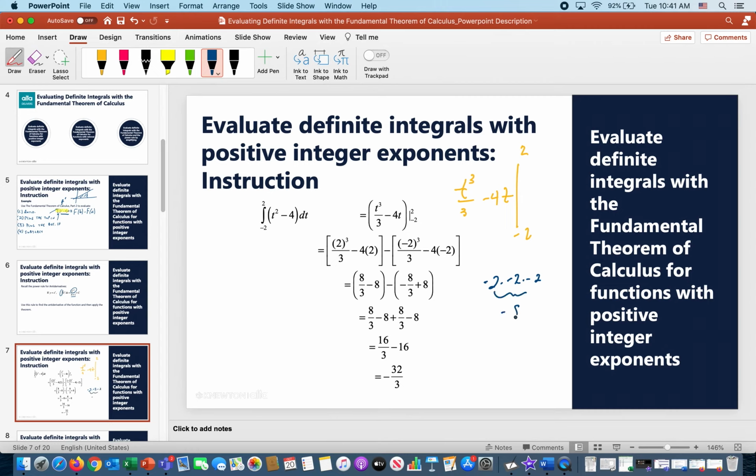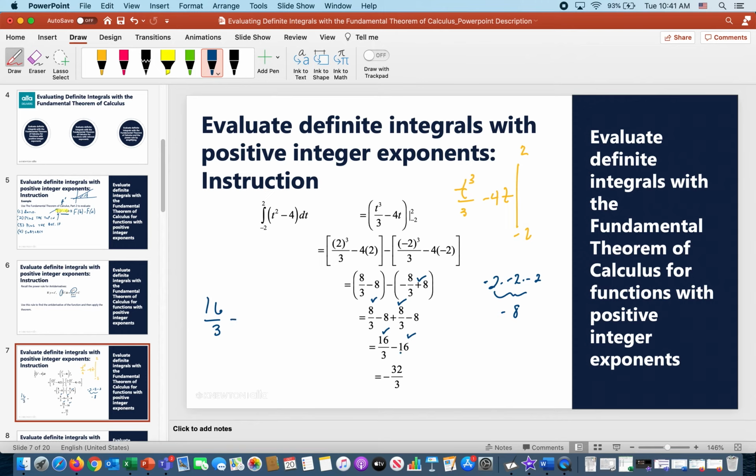This gives me a negative 8 over 3. Here I have a negative times a negative, which is a positive, and I'm going to distribute that negative so that I can combine all these like terms. So I have 8 thirds and 8 thirds, and then negative 8, negative 8. And remember, when we add or subtract fractions, we have to have a common denominator.